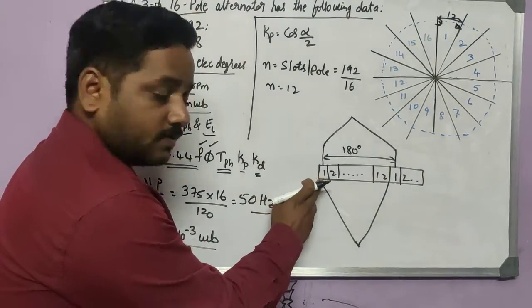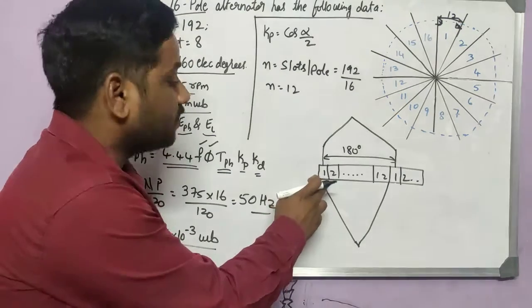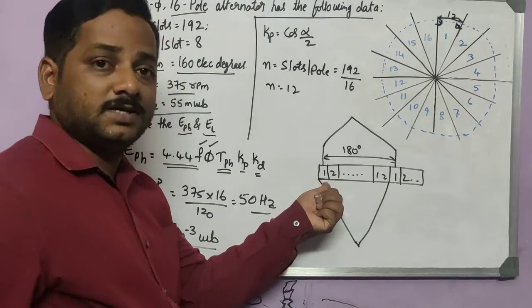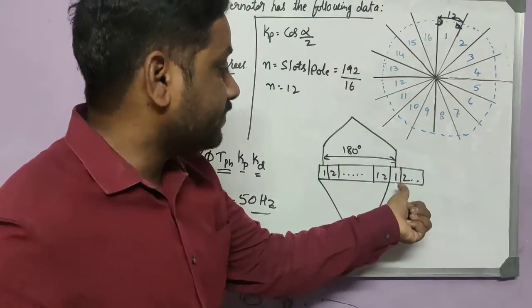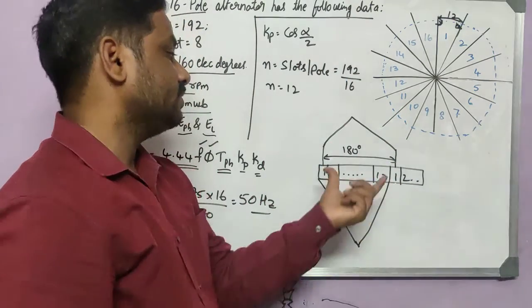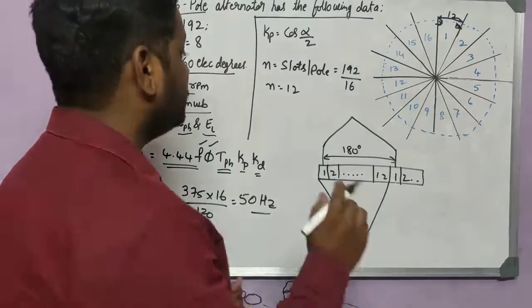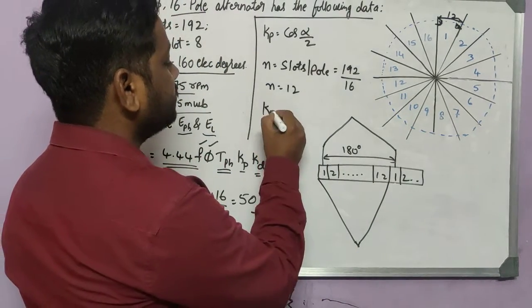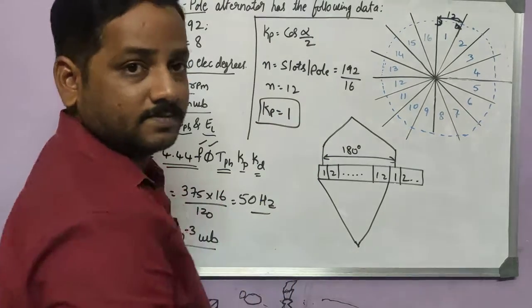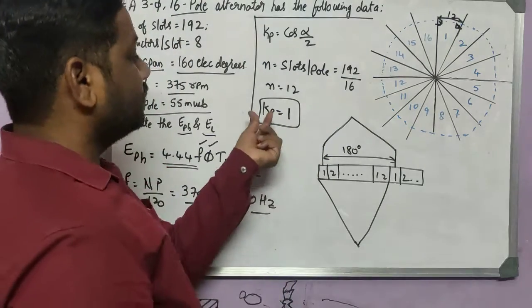If the conductor in the first slot is connected to the conductor in the first slot of the next pole, then it is a 180 degree coil span. That is called full pitch. And if this is the case, Kp is going to be 1. Why?